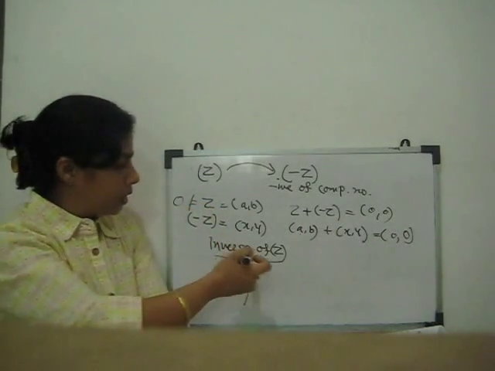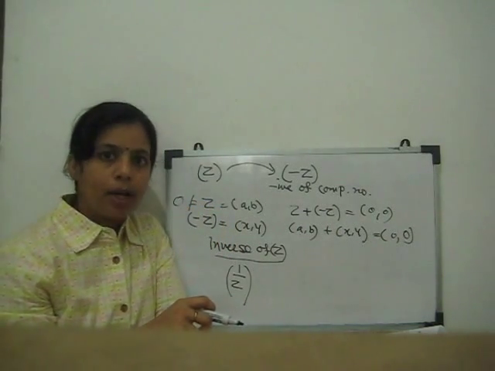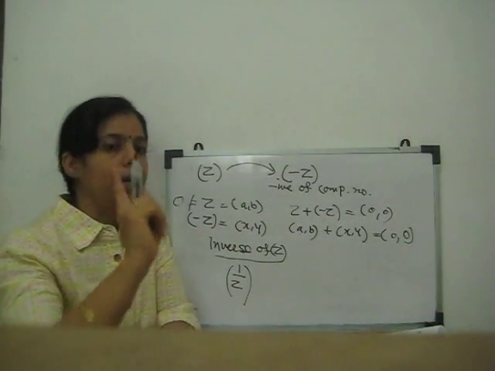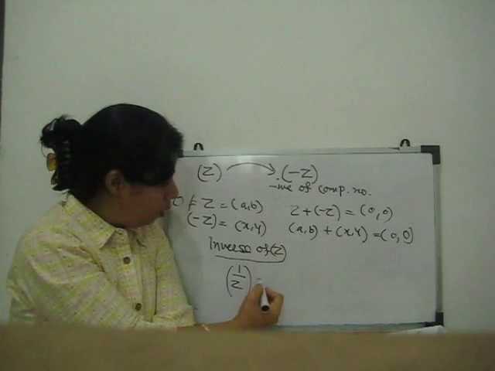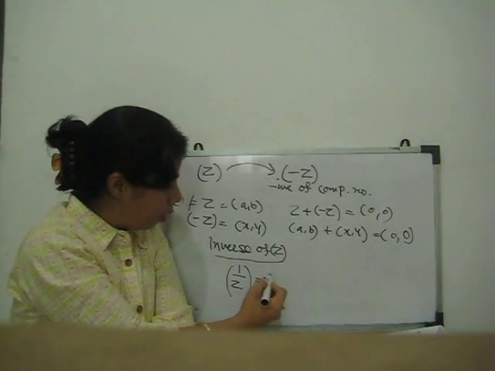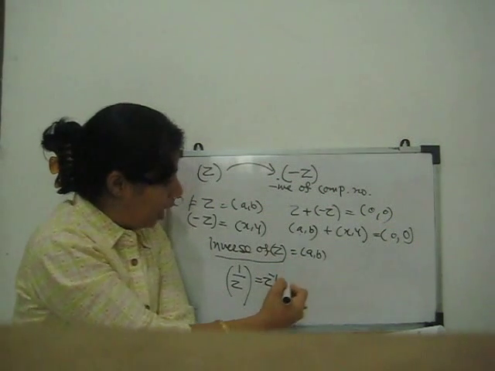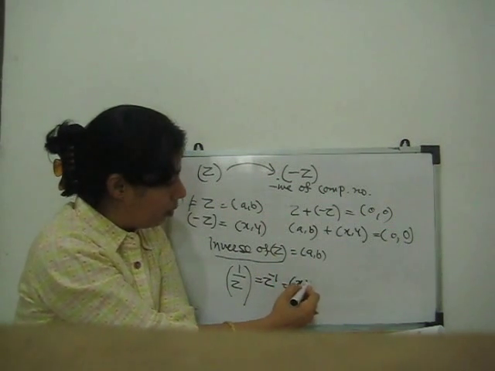The same follows in complex numbers. z multiplied by 1 by z gives the identity element 1. So we can say this is z to the power minus 1. So we can say z is (a, b) and z inverse is (x, y).